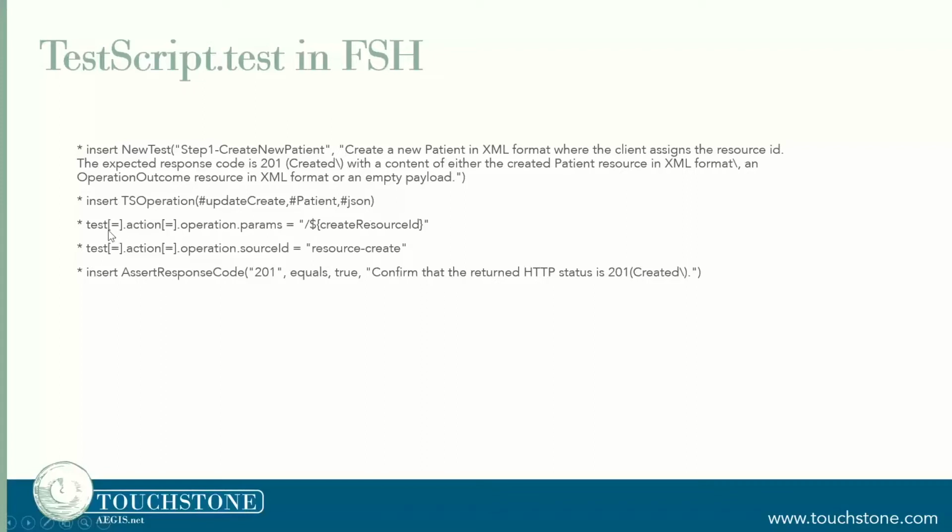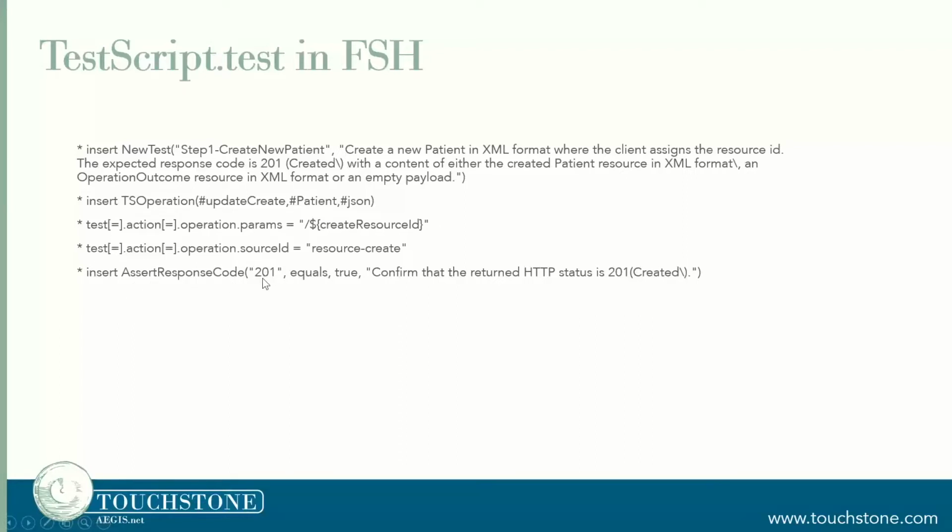And then we have a couple extra specific lines where we say that same test action operation should have a params element that includes this variable create resource ID, and the source ID element should include this reference to this fixture resource create. And then after we've instantiated our operation there, we can just add an assert for the response code.